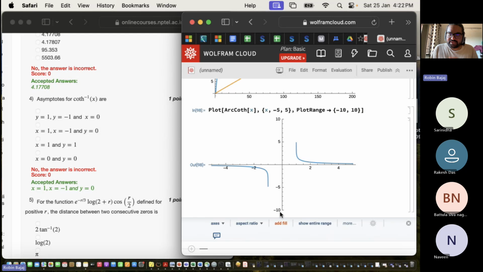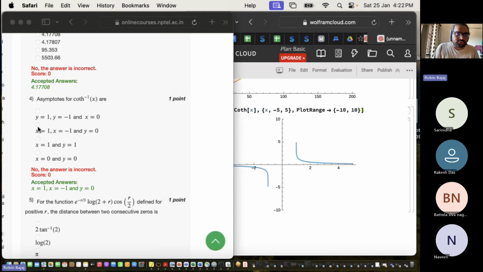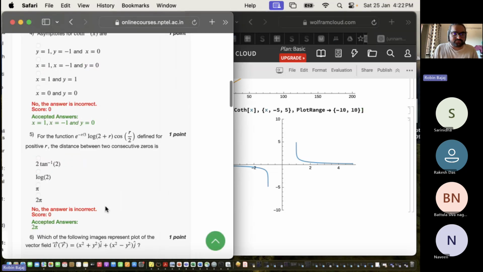Okay, so this is clearly an asymptote. Right. So x equal to minus 1 and x equal to 1 both are asymptotes, and y equal to 0 is also an asymptote. So it is option B clearly.